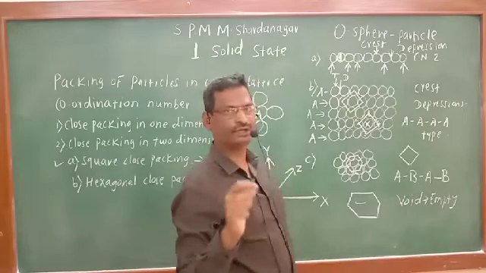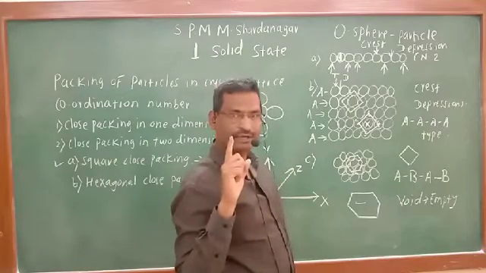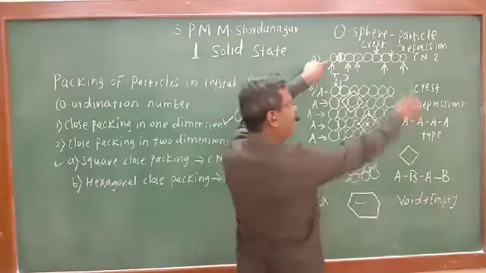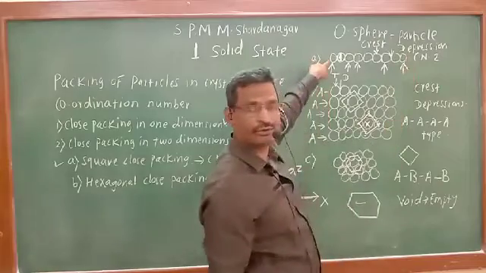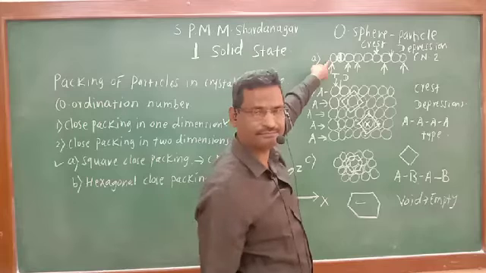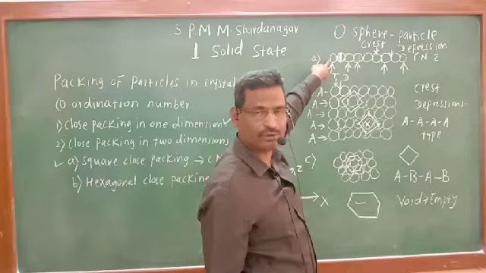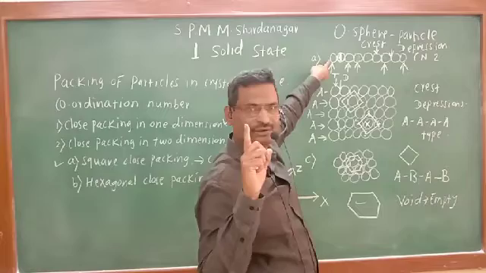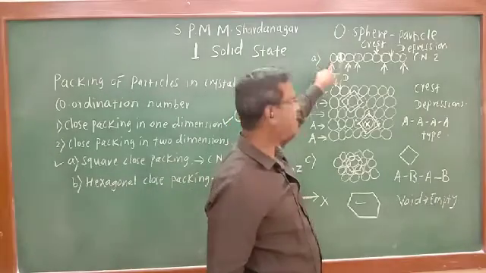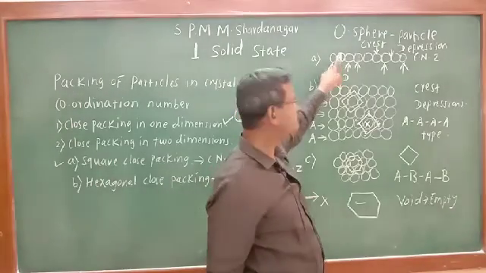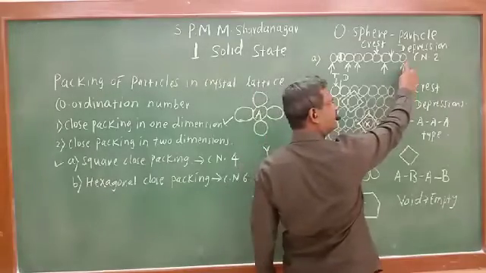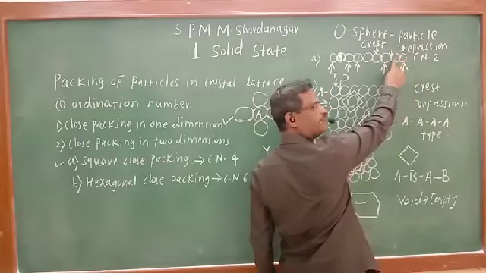But if we study the first sphere, first particle and last particle, can you tell me what the coordination number is for the first particle and last particle? Is it 2 or 1? It is 1, because the first sphere is in contact with only one sphere. So the coordination number of this is 1. If we consider the last sphere, this is also in contact with only one sphere.